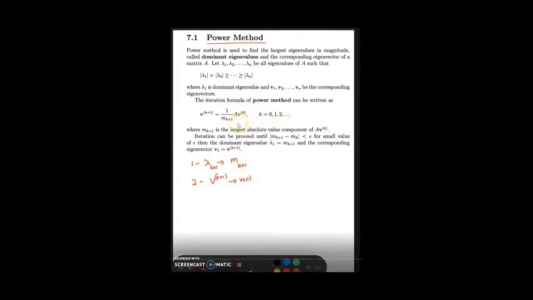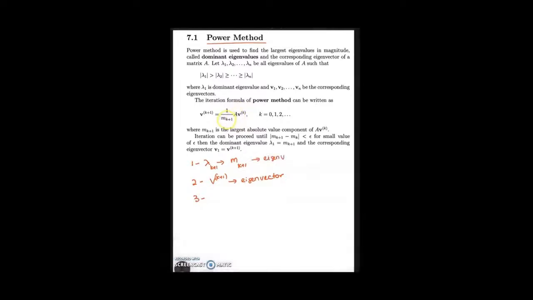Since this is iterative, you need to know what the iteration 0 vector, v0, is. The initial eigenvector v0 will be given in the question. You need to do the matrix multiplication A v0 first, and then find v as 1 over m_(k+1) times A v_k.